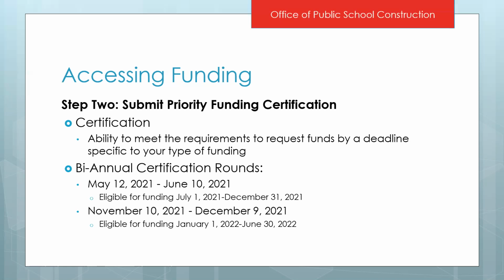If you certify in a May-June certification round, you are eligible for funding that becomes available between July 1 to December 31st of that year. If you certify in a November-December certification round, then you are eligible to receive funding that becomes available between January 1 and June 30th of the following year.